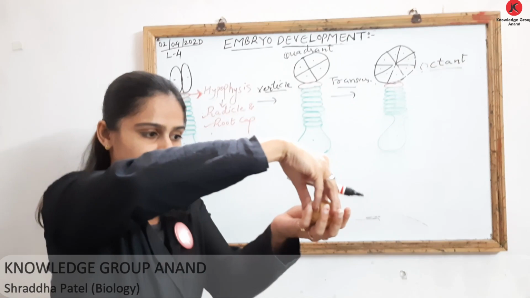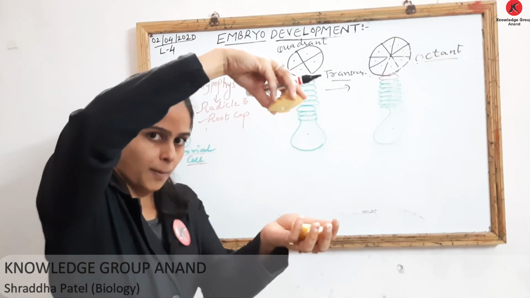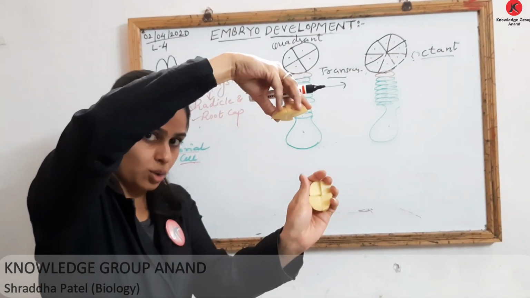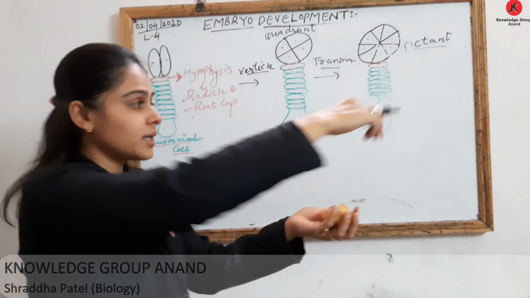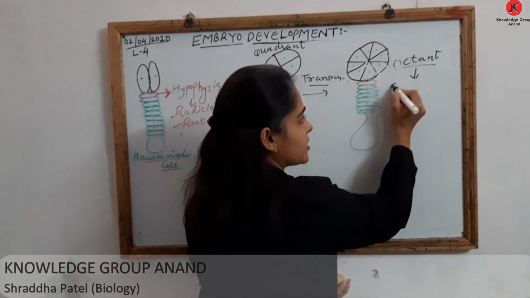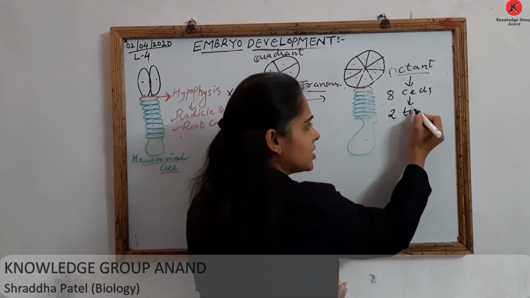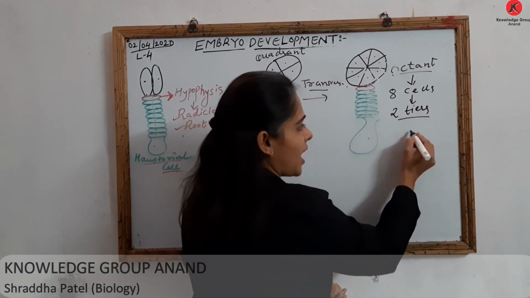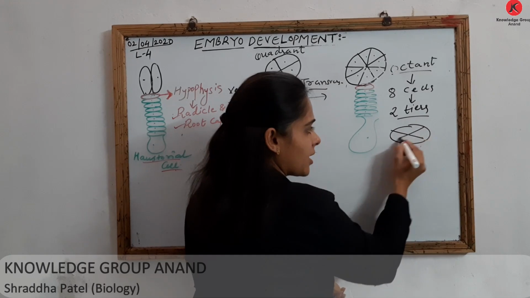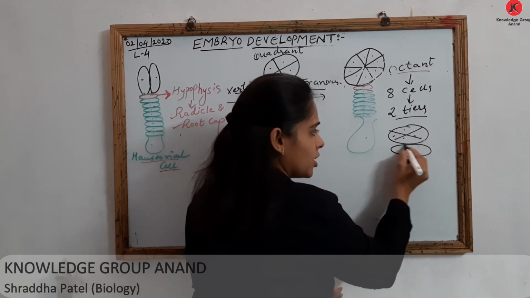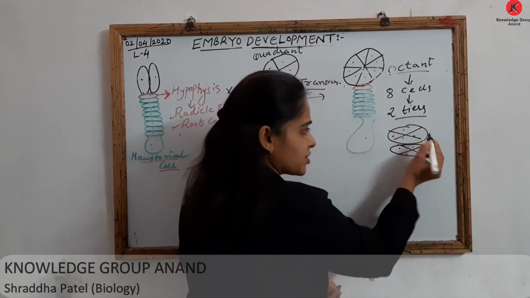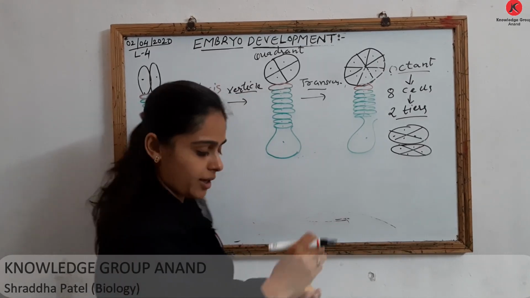As you can see, this is your upper tier and this is your lower tier. So in this case, your 8 cells are arranged in 2 tiers. This is your tier 1 and this is your tier 2.